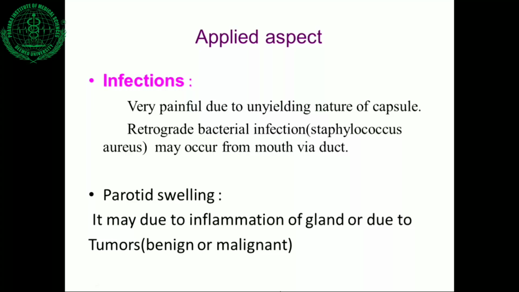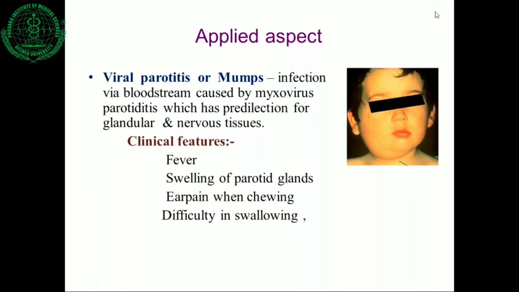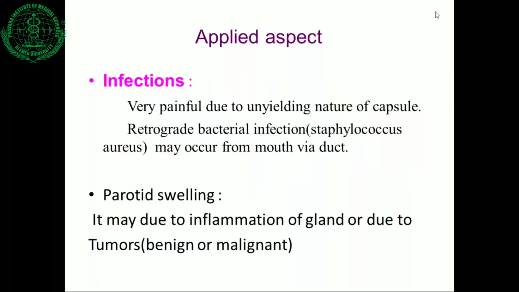These infections may occur from the mouth via the duct. Due to the infections of the parotid gland, inflammation occurs. Swelling may also occur in the parotid gland, which may be due to benign or malignant tumors affecting the parotid gland.